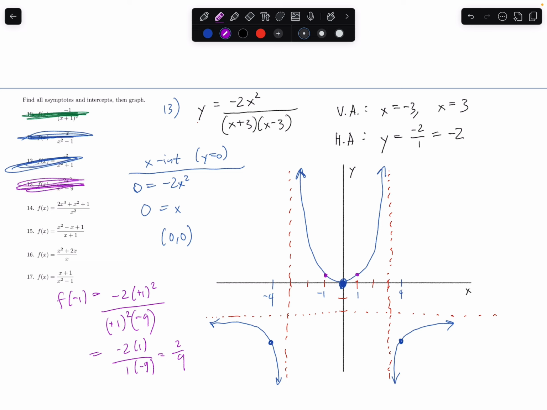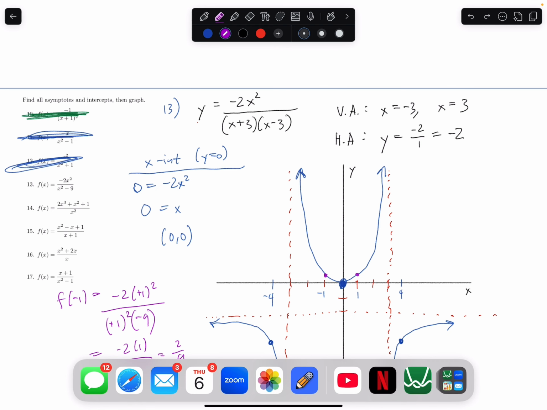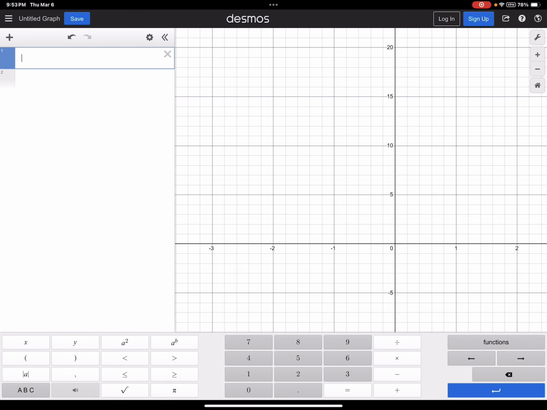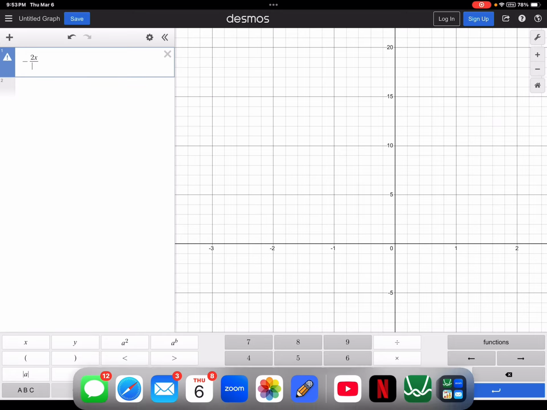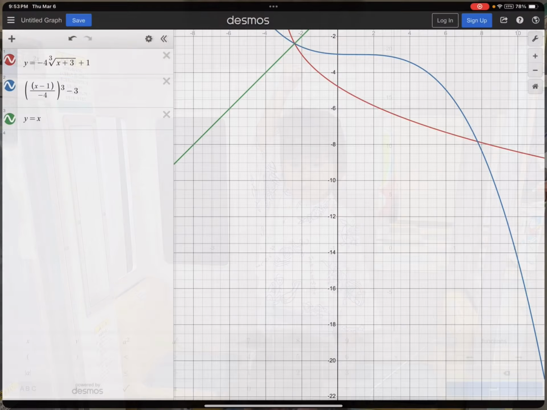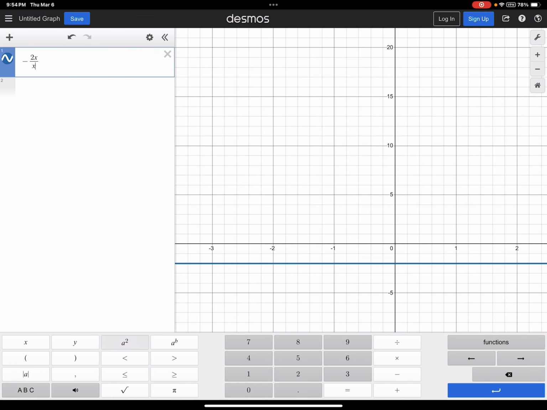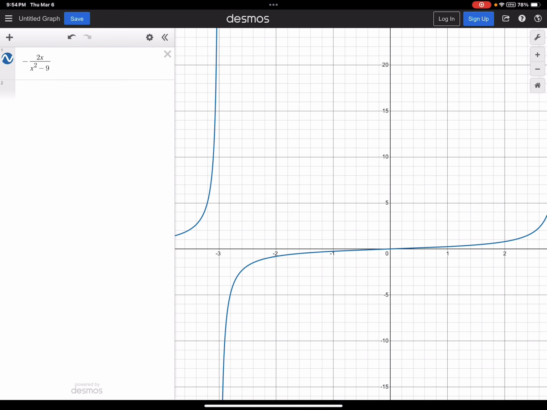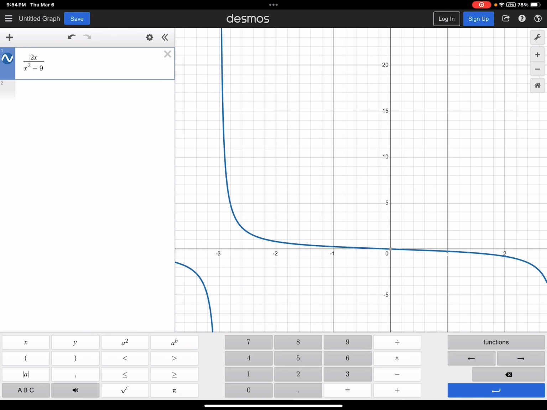And just for my own satisfaction, I do want to compare my graph with the right graph. So negative 2x squared, that's on the top. The bottom is x squared minus 9. Okay, you notice this time I have the negative out to the front, but it doesn't actually make a difference here. Or does it?